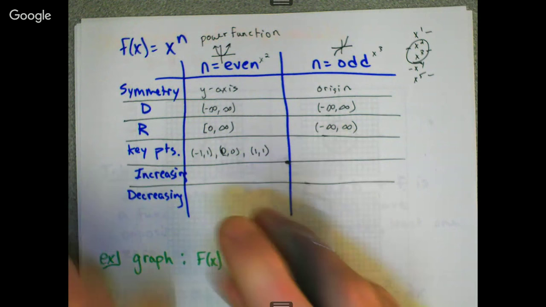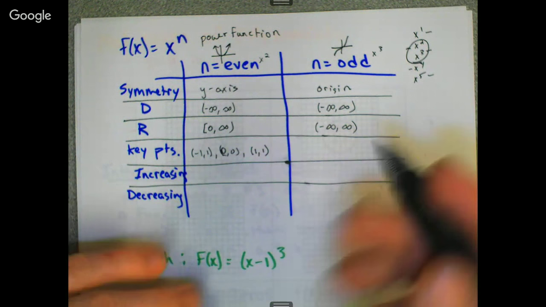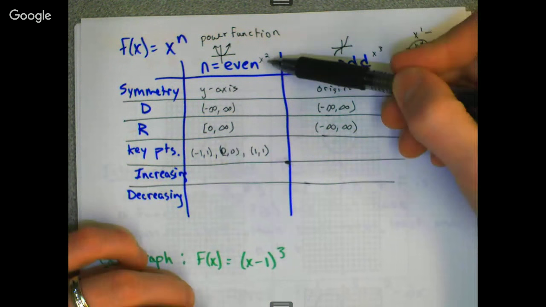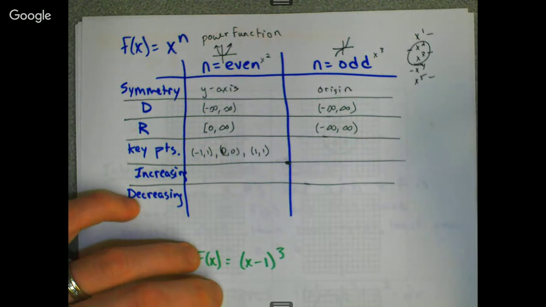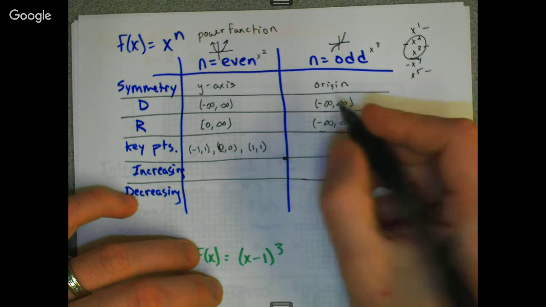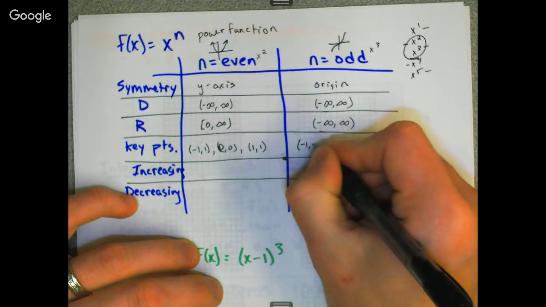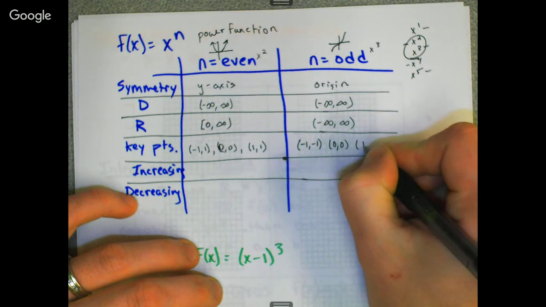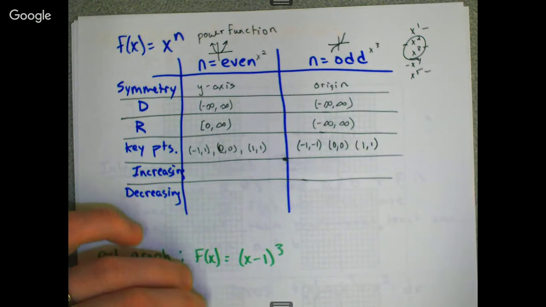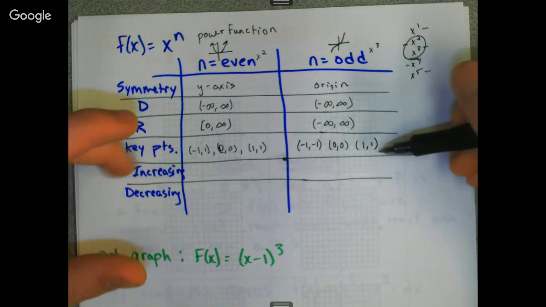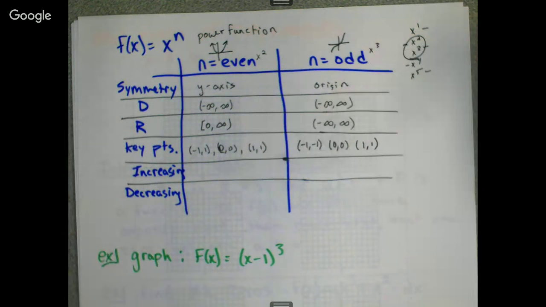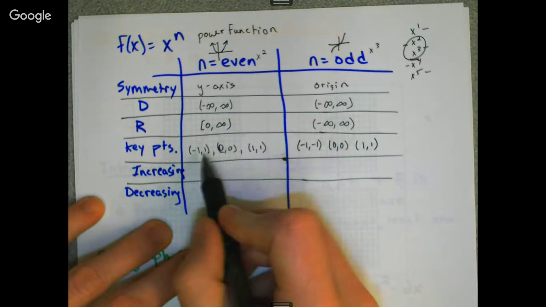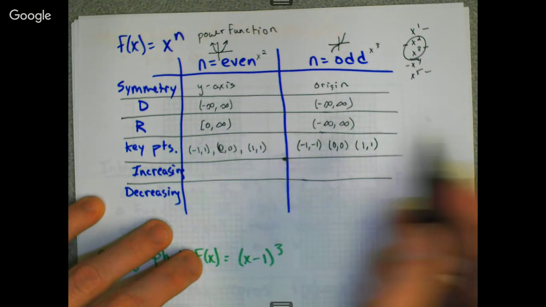Okay, those are some basic key points on the even parent functions. For the odd parent function, we'll have (-1, -1), (0, 0), and (1, 1). Now, these aren't the only points on there, but it's just a base point to start at. Okay, just a 0 and then positive and negative on both sides.